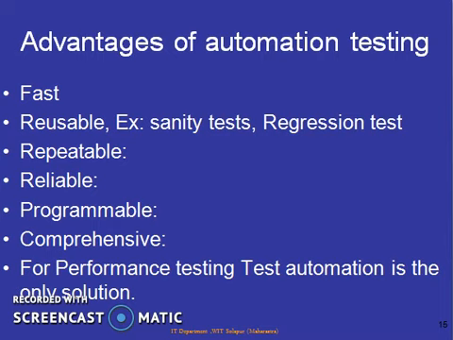But for test execution, we can save time. Tools are faster, and test execution is repeated multiple times, so we can save time. So tools are faster in test execution. That is one advantage of automation testing.